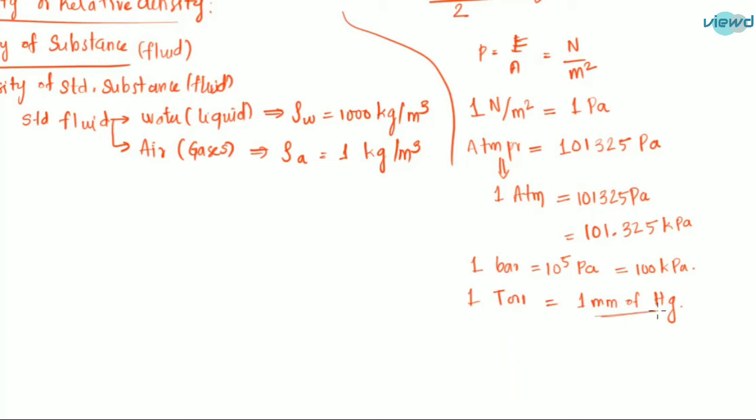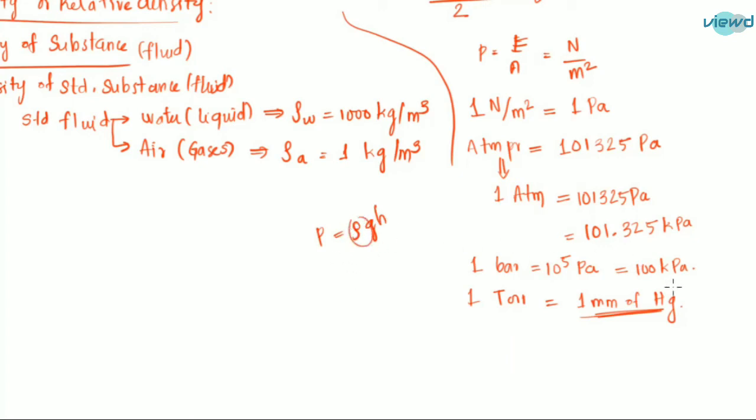What is this mm of Hg? We will see that in the next chapter. If pressure is given in terms of length, in order to convert into Newton per meter square, we need to use the formula rho g h.